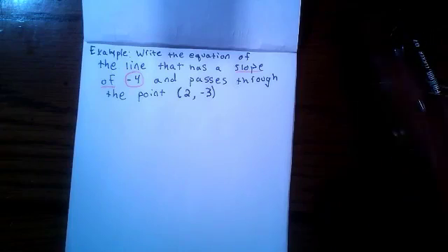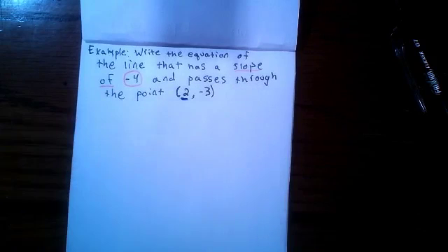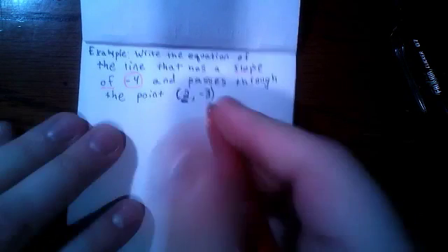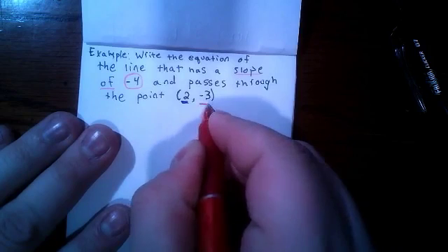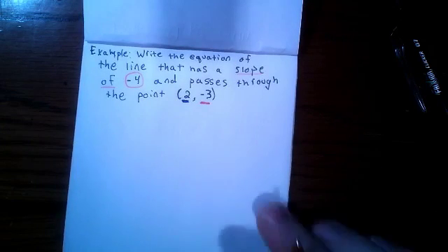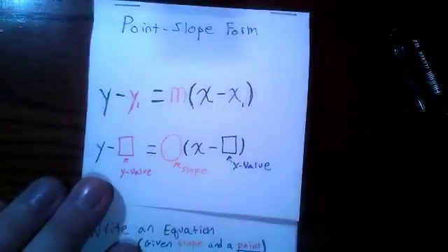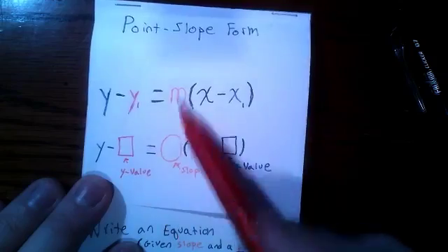And I color-coded the x value to be in blue. So I'm going to underline the 2 in blue. And the y value was -3. So I'll underline that in red. And color coding is really nice because now all I have to do is fit what matches those colors inside of these boxes.